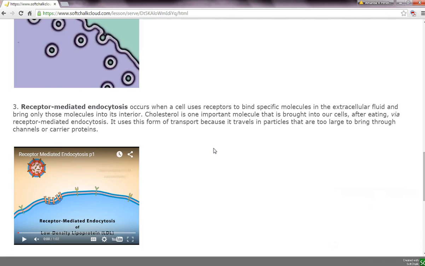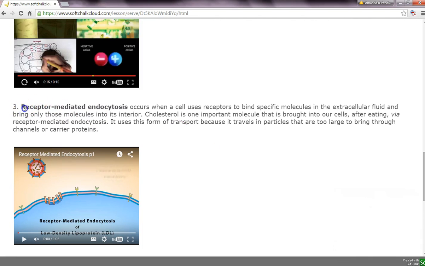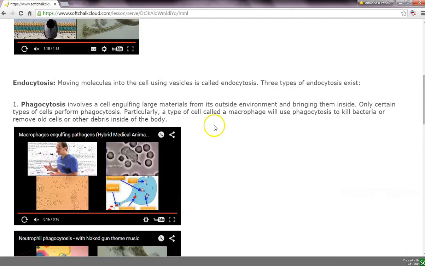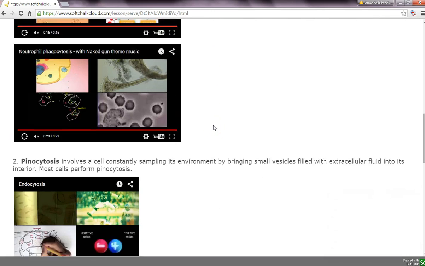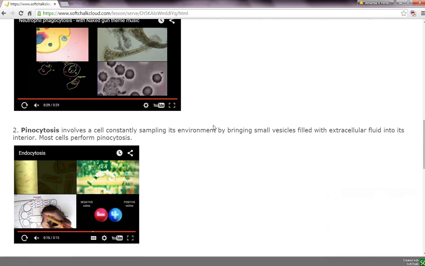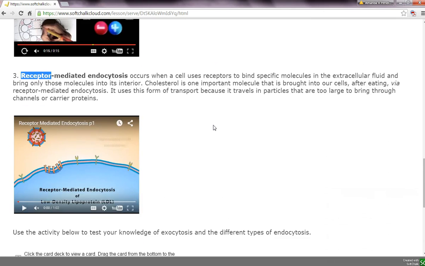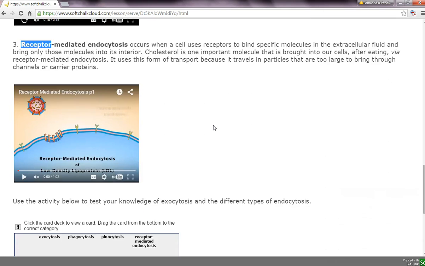And then the third type of endocytosis is called receptor mediated. As you might guess from the name, it uses a receptor. With phagocytosis and pinocytosis, we're bringing anything that happens to be out there in. But receptor-mediated endocytosis means we're bringing in only something very specific. Here it's showing the plasma membrane.